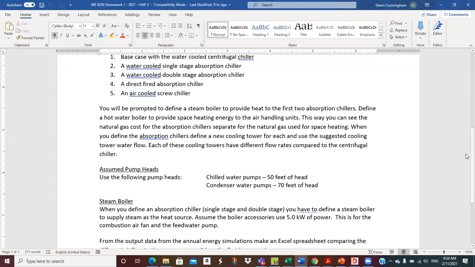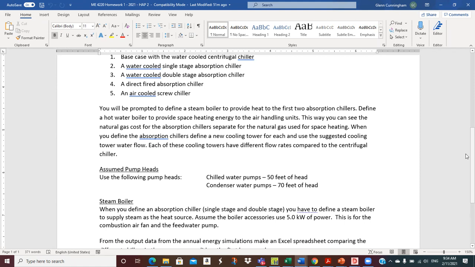Now the direct fired, you know, it burns gas itself, so it's its own source of heat. And so what I've done in there, and I think it's already in the file, but so the hot water boiler is defined to provide the space heating energy, and that's what you've been using on the first assignment.